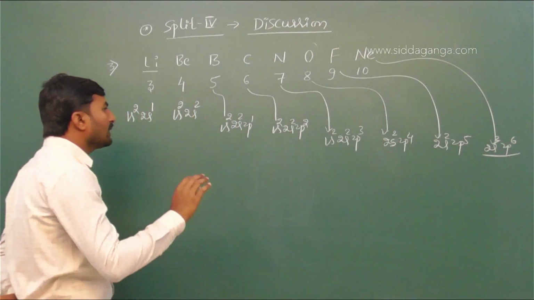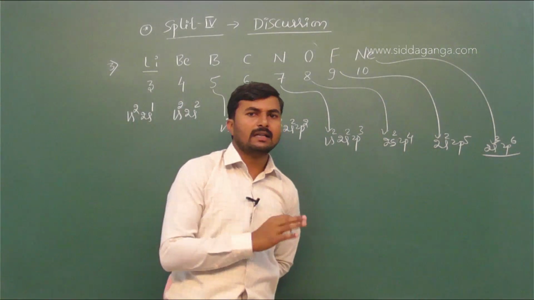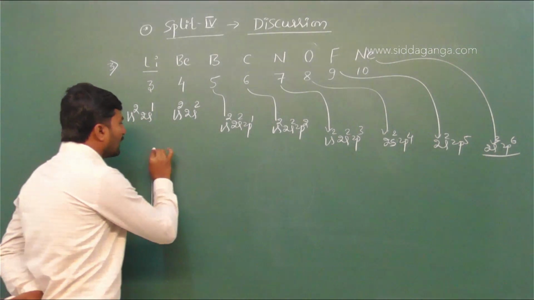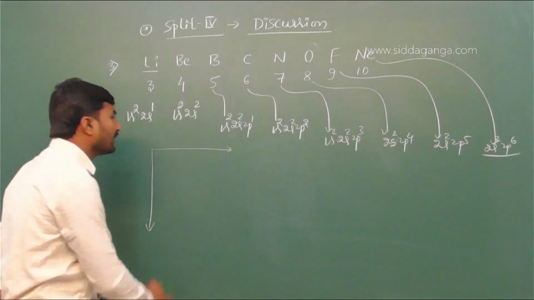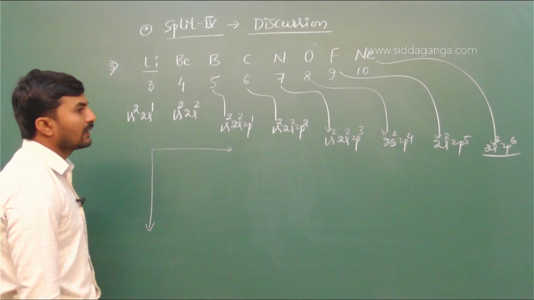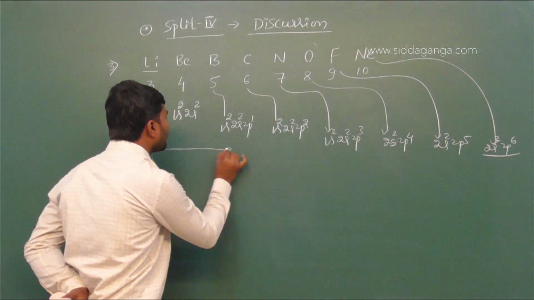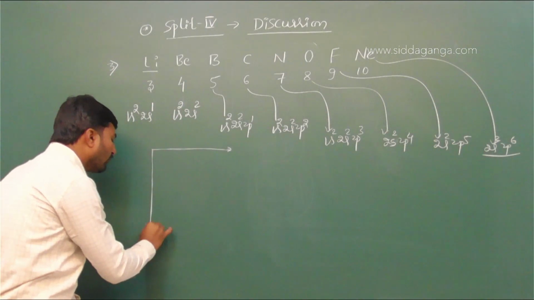So when we look into the configuration of the elements, there is a common trend in our periodic table: when we compare ionization enthalpies along the period and down the group, ionization enthalpy values increase when we move along the period, followed by a decrease when we move down the group.